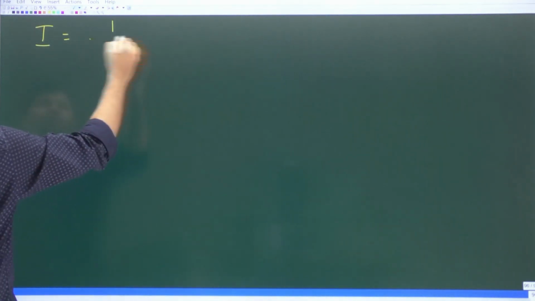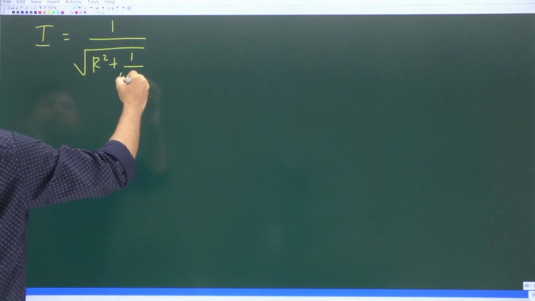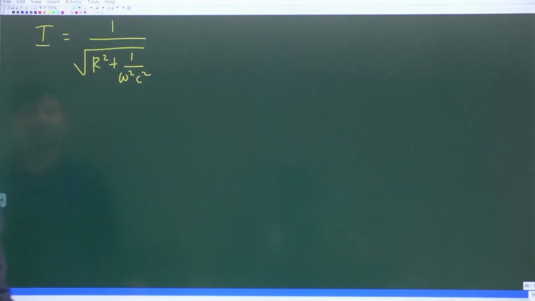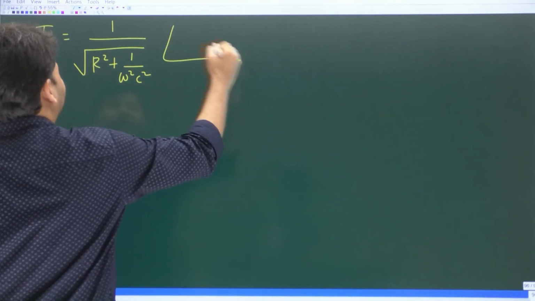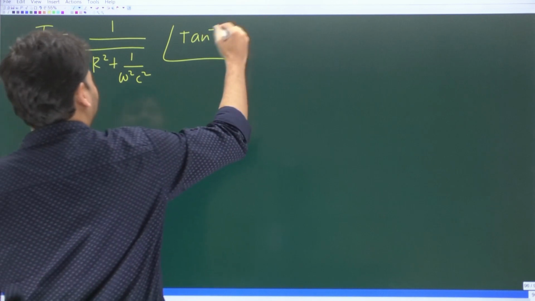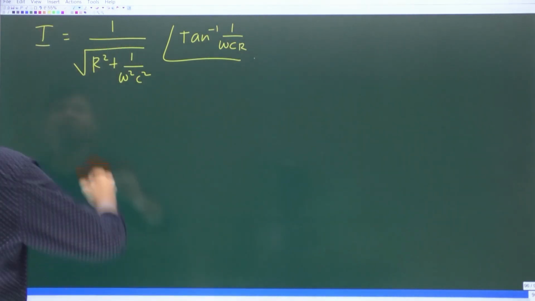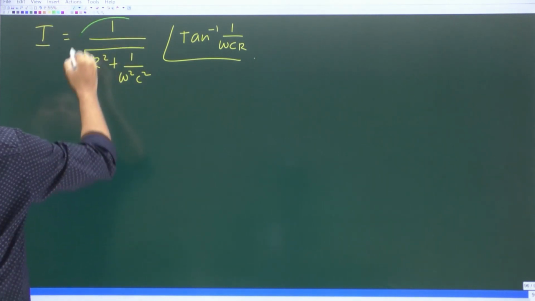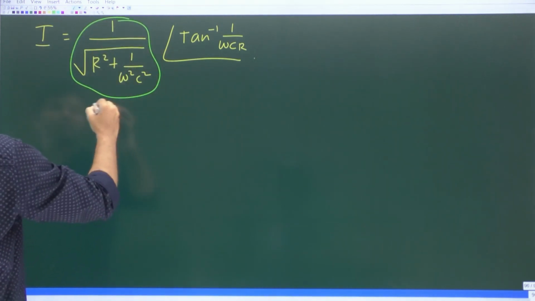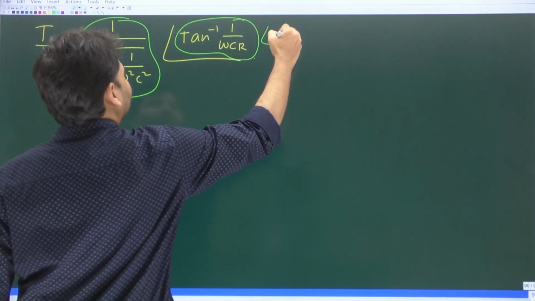So I is 1 divided by square root of R square plus 1 by omega square C square at an angle 0 minus of minus, it becomes plus tan inverse 1 by omega CR. That's all. So this is mod I.